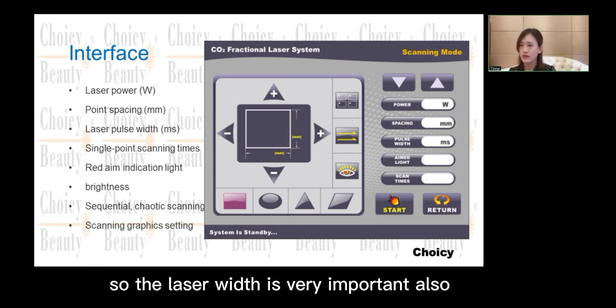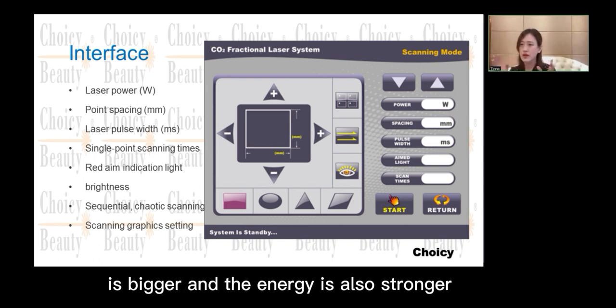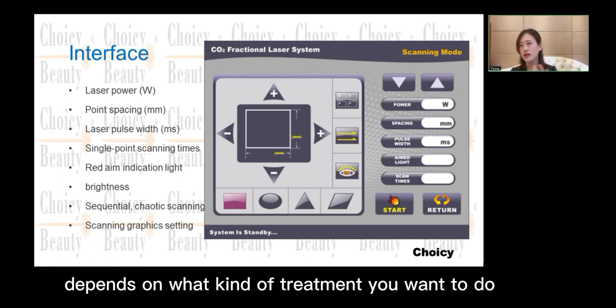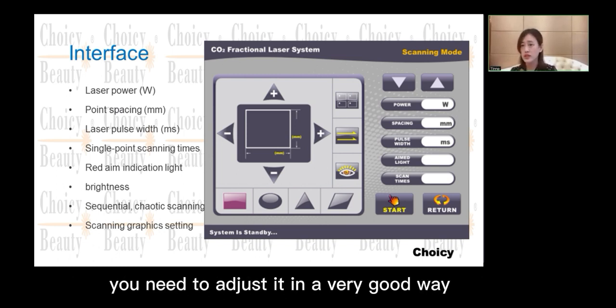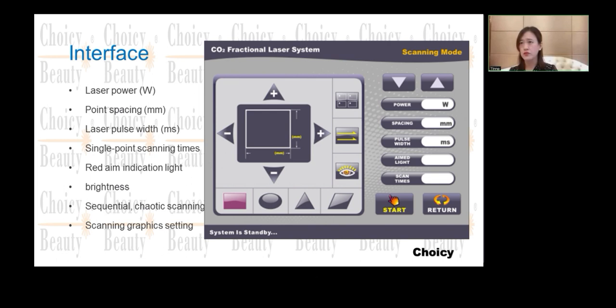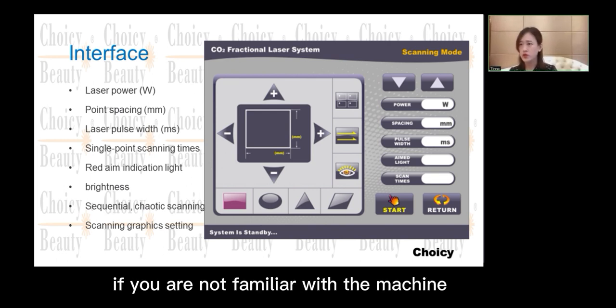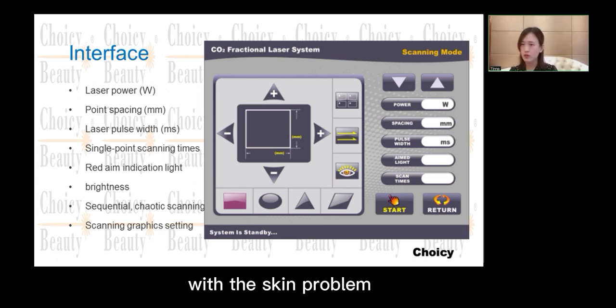So the pulse width is very important also. The bigger the pulse width, the stronger the energy. Depending on what kind of treatment you want to do, you need to adjust it well. We always suggest that if you are new to the CO2 laser, and not familiar with the machine or the skin problem, you use very low energy for starting.